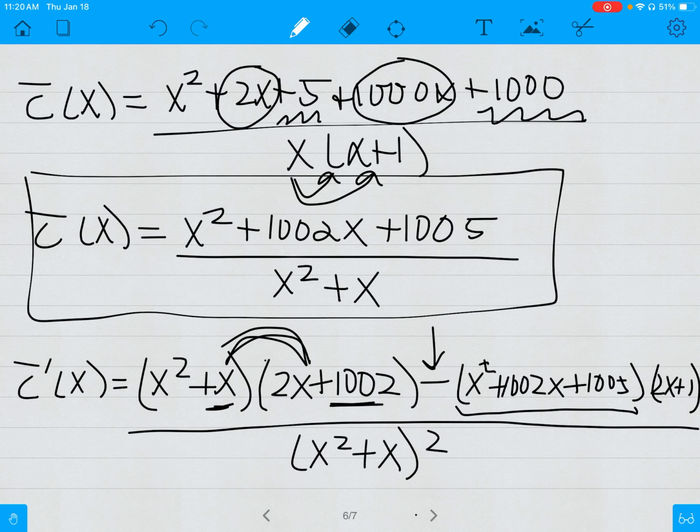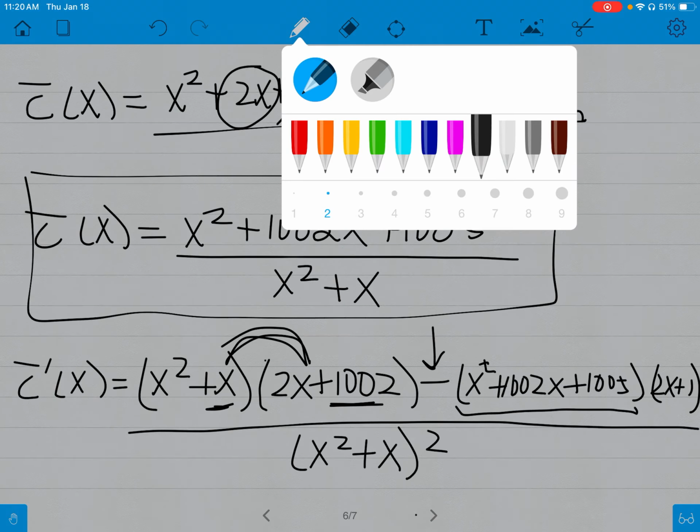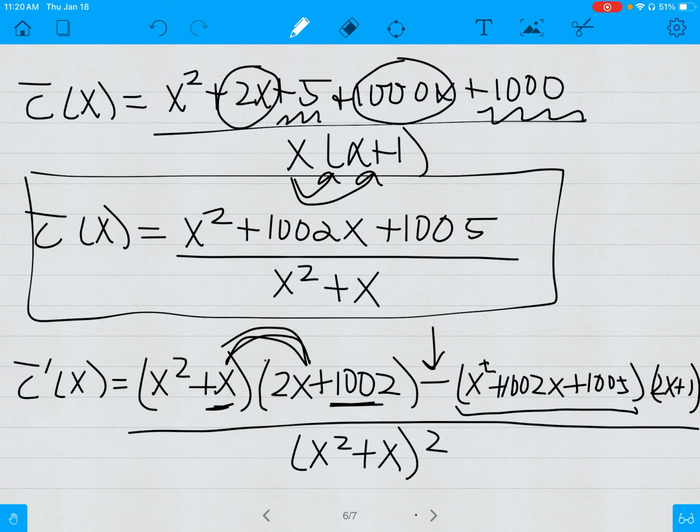So first we need to distribute the 2x through to everything. 2x times x squared is going to be 2x cubed, not squared. 2x times 1002x is going to be 2004x squared. 2x times 1005 is going to be 2010x.